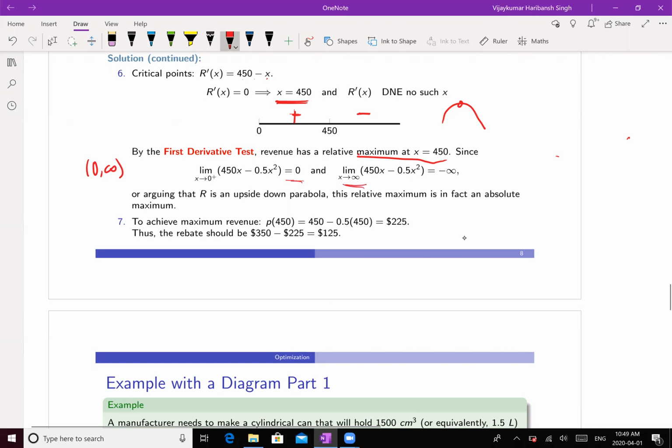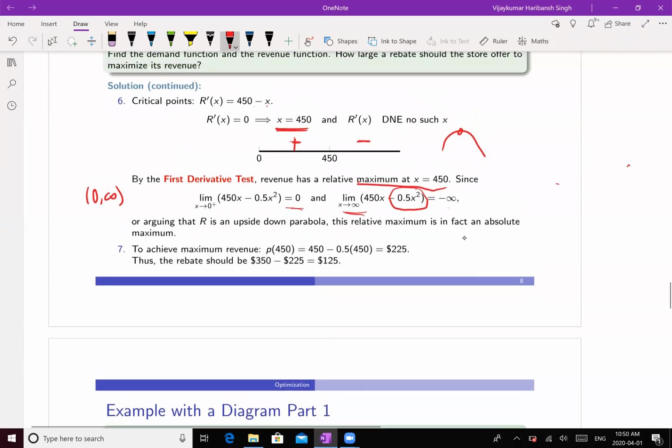And as x goes to infinity, this goes to minus infinity because the sign of the leading term is negative, and it's x squared, so it is the dominant term. Or you can argue that it's an upside-down parabola. So the relative maximum is the absolute maximum.